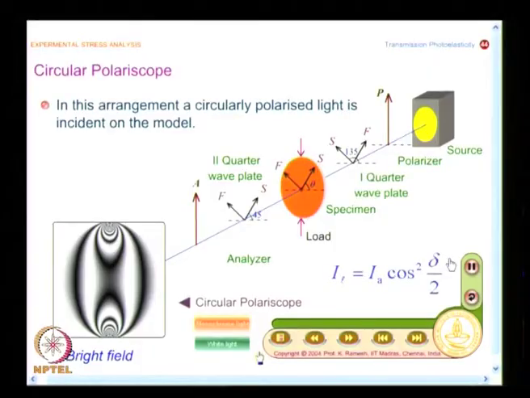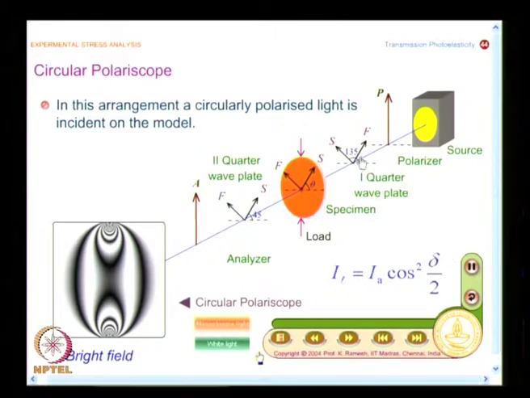So, even without getting into trigonometry, we have been able to logically explain how in a circular polariscope you see only isochromatics, and you also have a dark field and bright field that give you physical information which you can interpret. In the case of a plane polariscope, we only use dark field, we do not use a bright field in conventional photoelasticity.